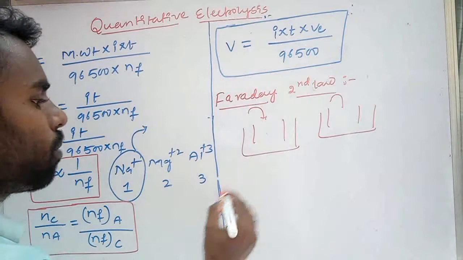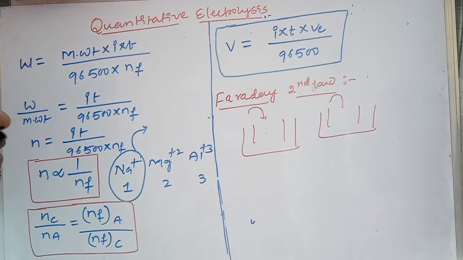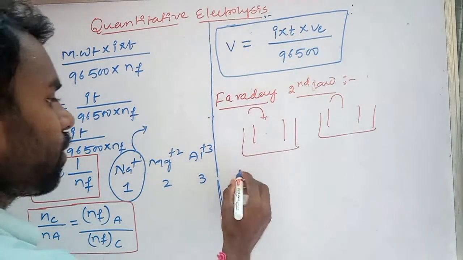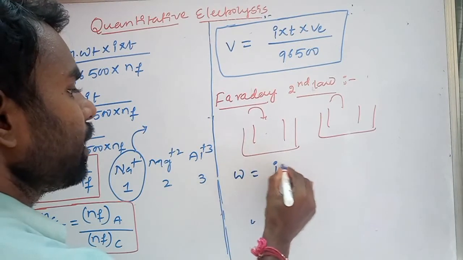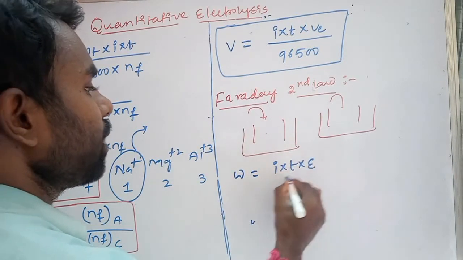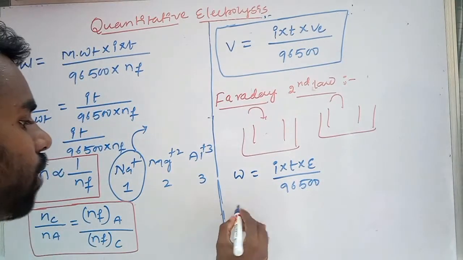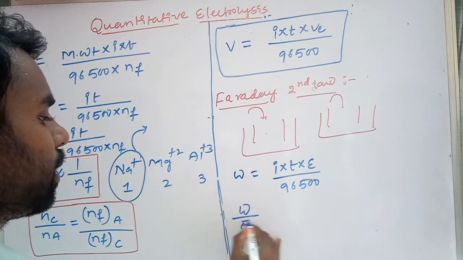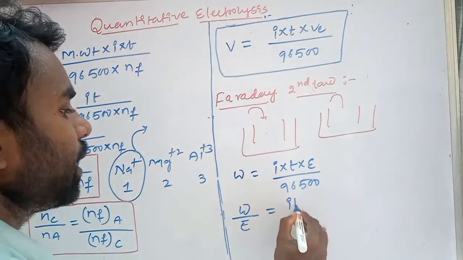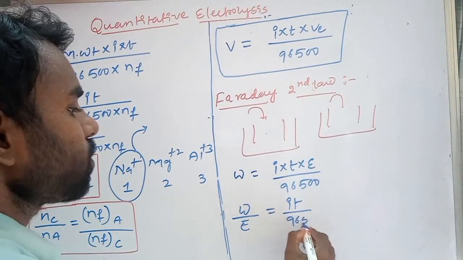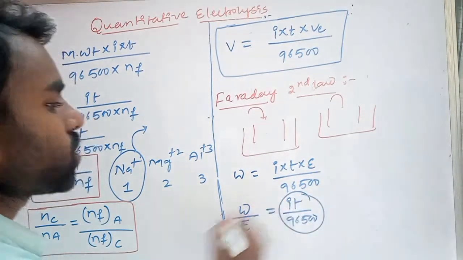So we have one formula. What is the formula in Faraday's first law? Weight equal to I into T into equivalent weight by 96,500. From that, weight by equivalent weight equal to I into T by 96,500. This is a constant.